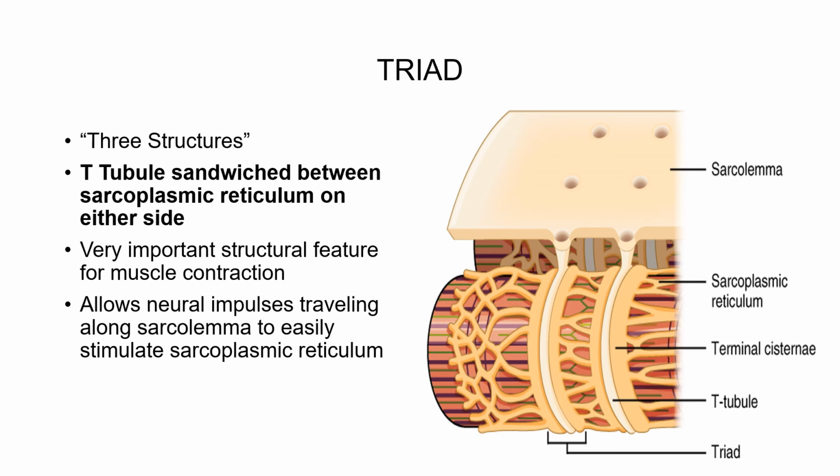So we've talked about the sarcoplasmic reticulum, and we've talked about the big interstates, the big highways, what we call the T-tubules. So this next slide is just introducing a term called the triad, and all the triad is, is how specifically the T-tubules are connected to the sarcoplasmic reticulum.